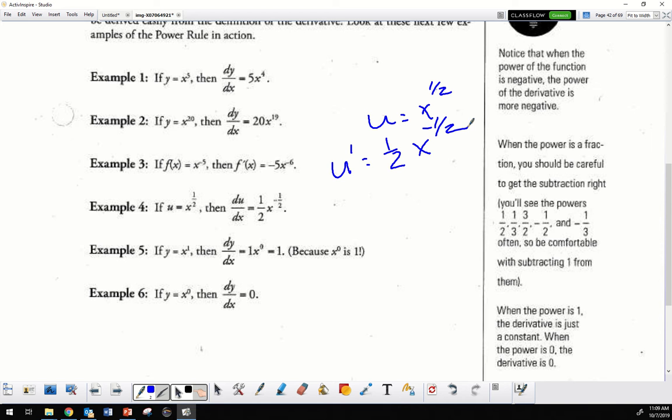Writing the exponent as a fraction is so helpful, because you're going to get some nasty ones that have ugly exponents, like 3/5. So 3/5 means it's the 5th root, but the 3rd power.